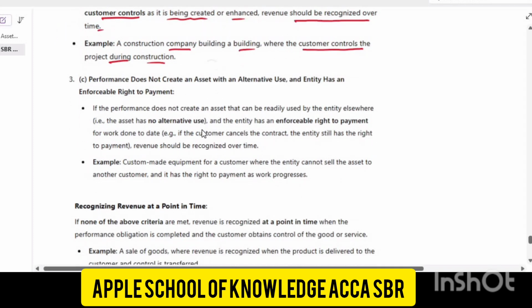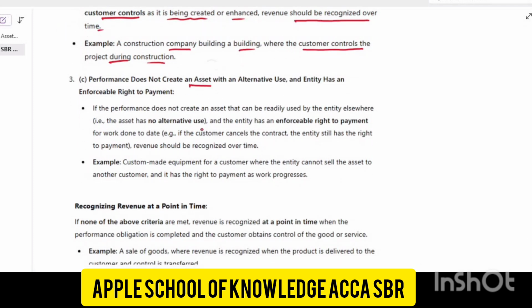Then the third one is that the performance does not create an asset with an alternate use, meaning it is of specialized feature, and the entity has an enforceable right to payment. So if the performance does not create an asset that can be readily used by the entity elsewhere, the asset has no alternate use, then the entity has an enforceable right to payment for the work done to date.